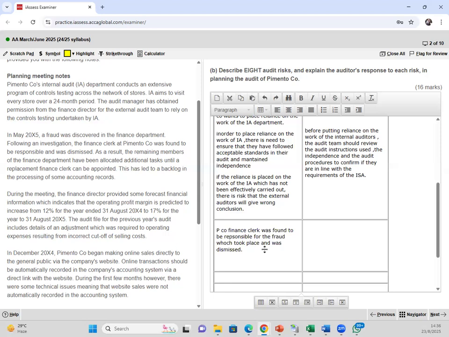For this one, there is no accounting treatment. We can just go straight to the risk.